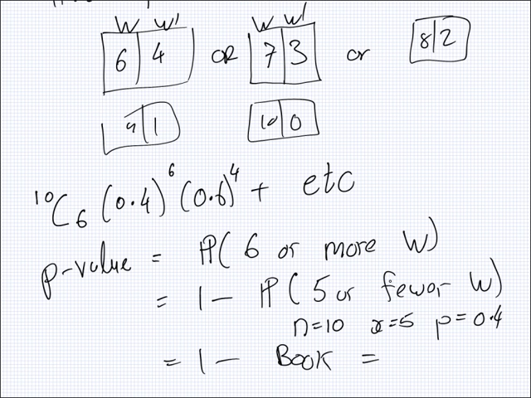Can people see that? No? I'm sorry. Everyone else can see it. I think it's just the one I've done. If you have 10 people, 6 or more means 6, 7, 8, 9, or 10. What's not having 6, 7, 8, 9, or 10? That's 5, 4, 3, 2, 1, 0.